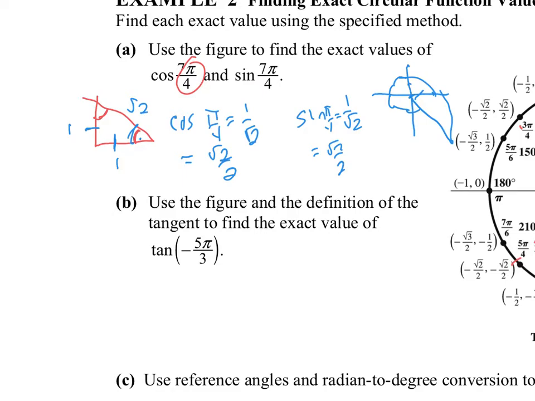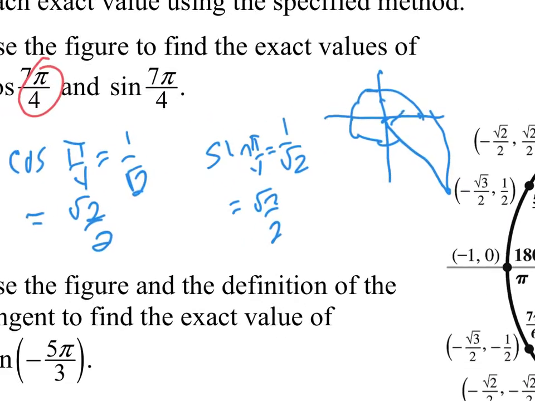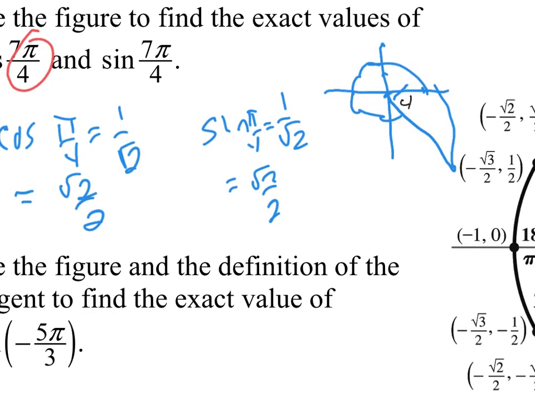Therefore, I know that this is a 45-degree angle, and this is my right angle. This is also 45. 1, 1, square root of 2, except this has to be a negative 1 because it's going down. So I'm looking at this angle right here.